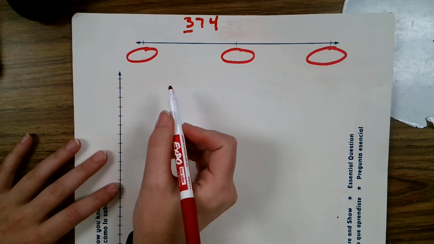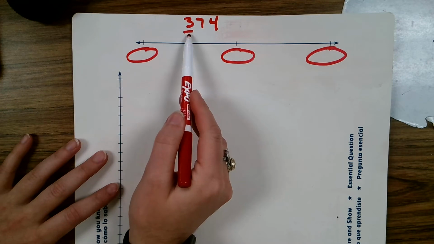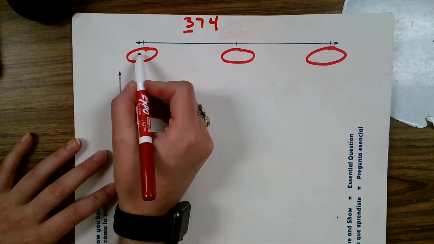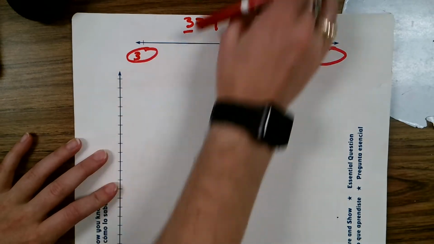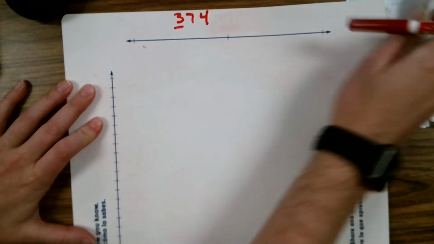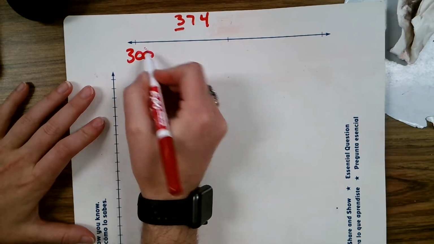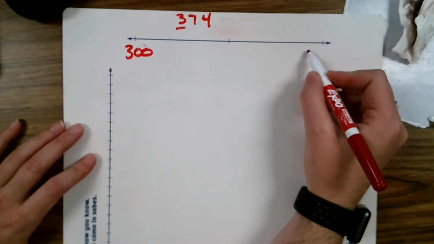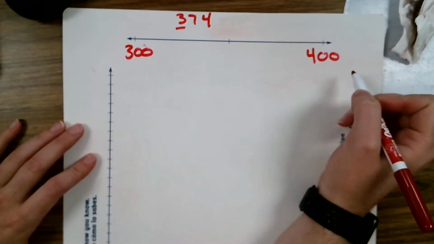So we know that it's going to be in the 300s, so our first one is going to be 300. Okay. 300. And our next 100 is 400.